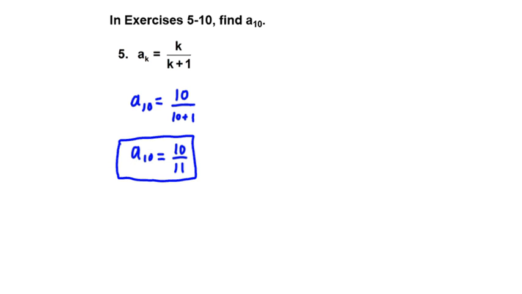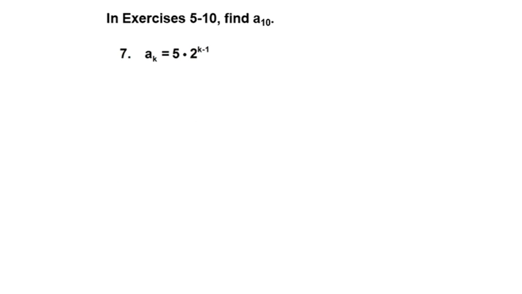On to number 7. A sub k equals 5 times 2 to the power of k minus 1. So here we have k is equal to 10, right?